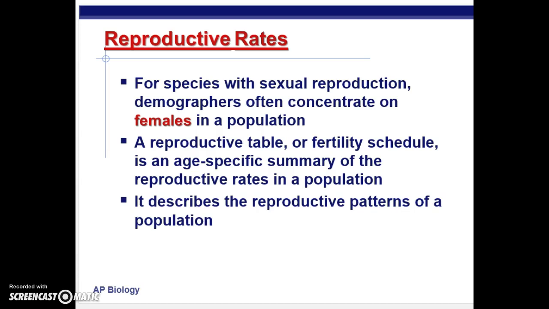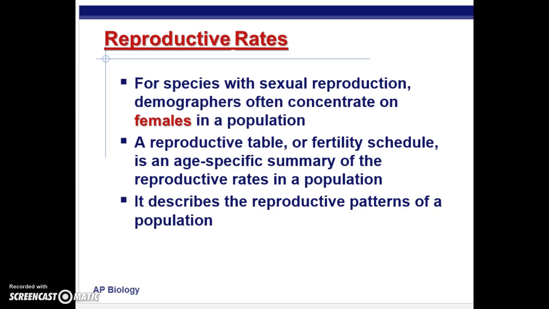So the next topic in population growth that we're going to look at is the reproductive rate. For species with sexual reproduction, demographers will often concentrate on the females in the population only.